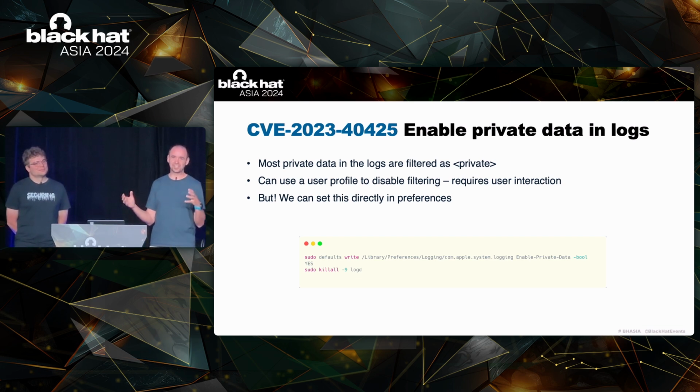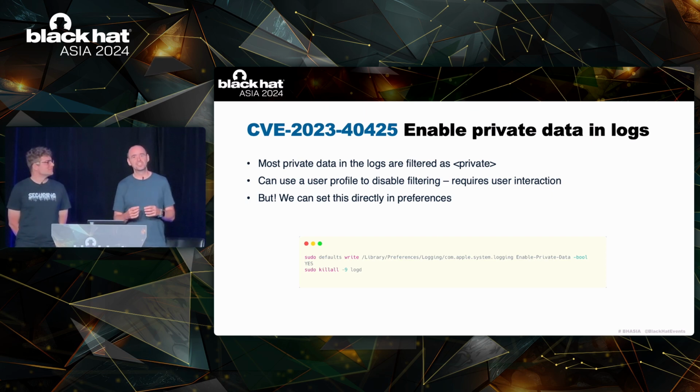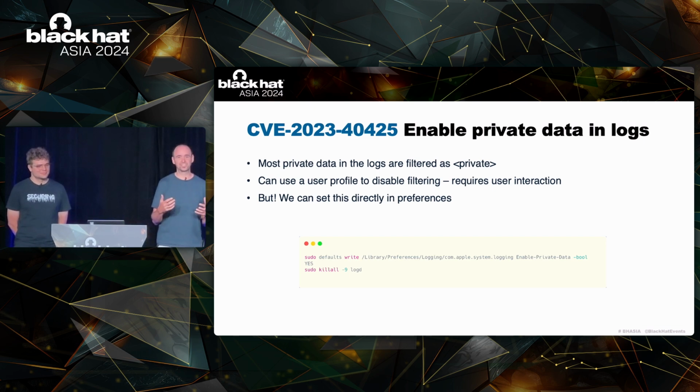But logs in general: Apple tries to filter out private data from the system logs. They mark it as private in the logs, and most of it is redacted. You can enable it back with a user profile, but the problem with user profiles is that it requires a lot of user interaction to install a profile. So as an attacker, you cannot really do that.